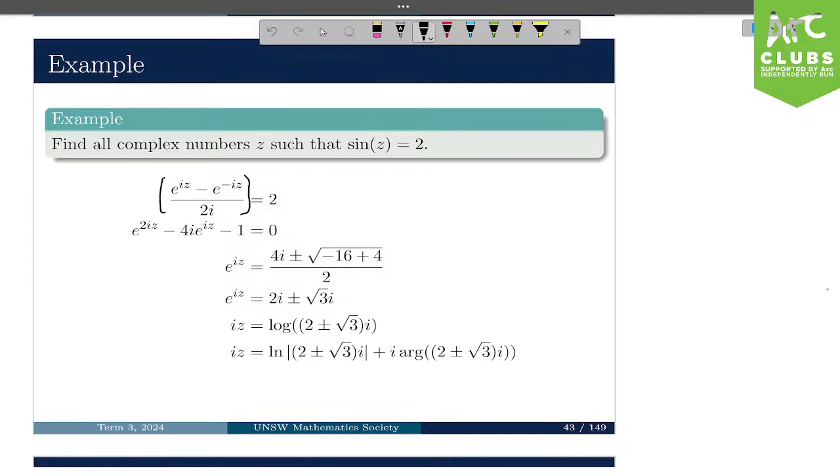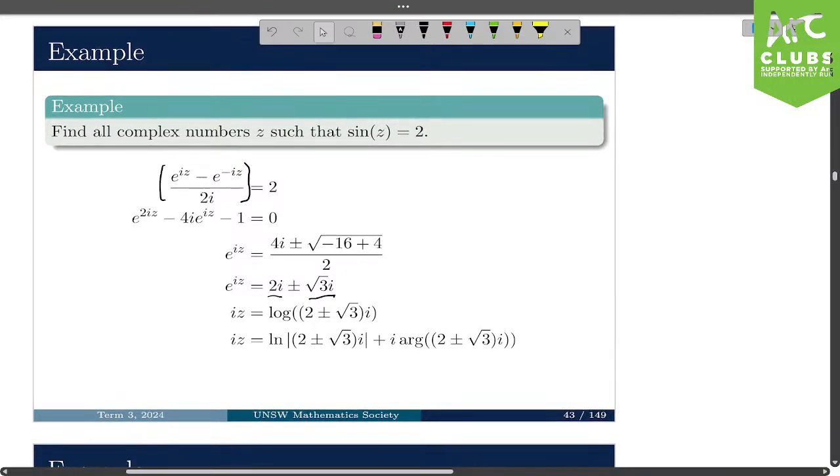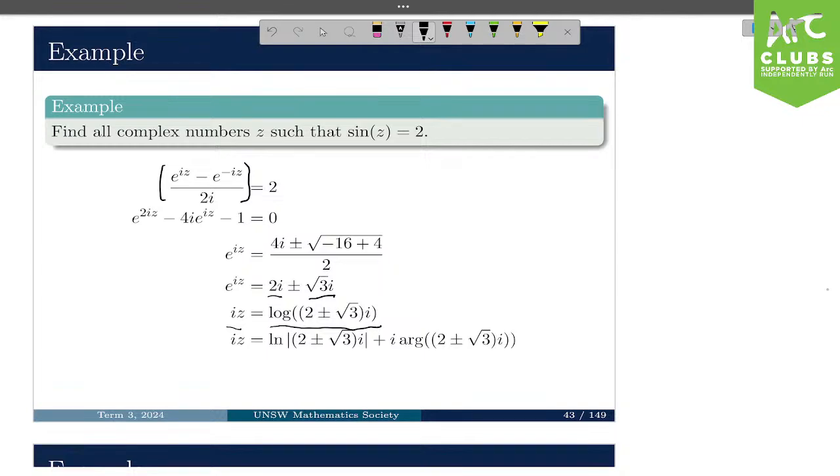And we can write this out as a quadratic equation with e to the iz as our variable. And we get that e to the iz has to equal 2i plus or minus root 3i, right? So to find all the values of iz, we have to take the log of this right-hand side, right? The multi-valued log.